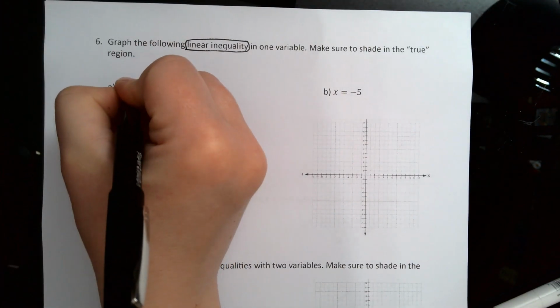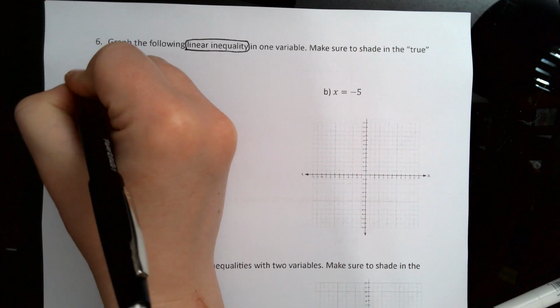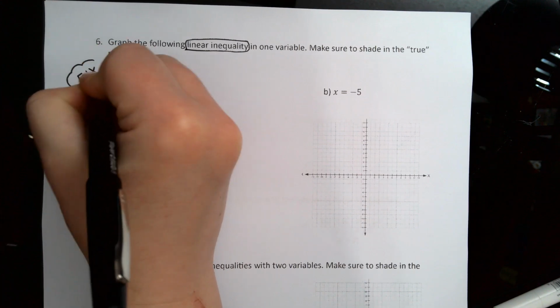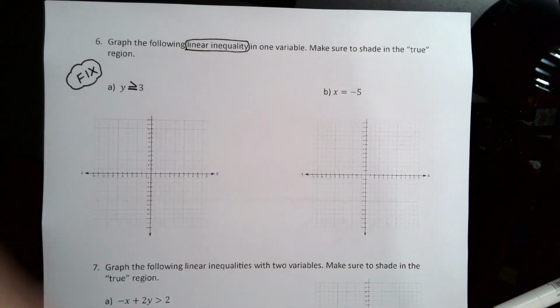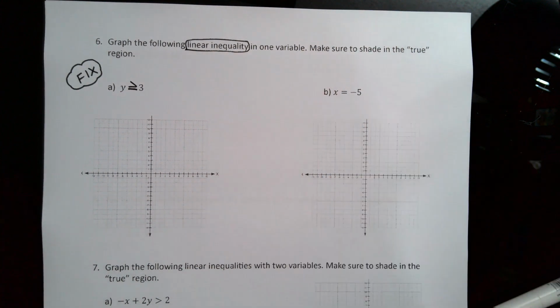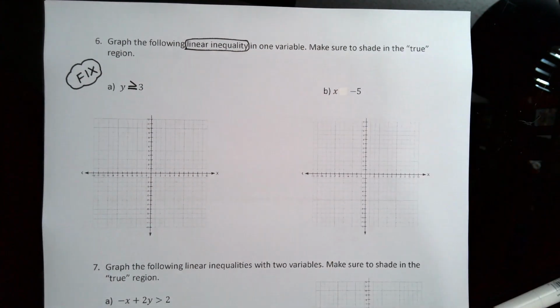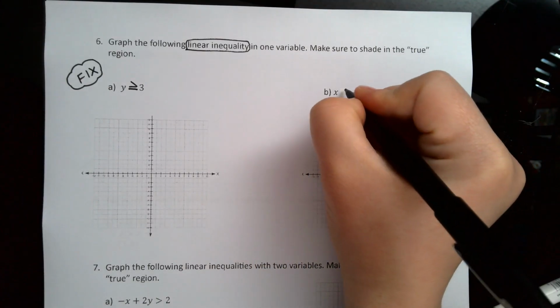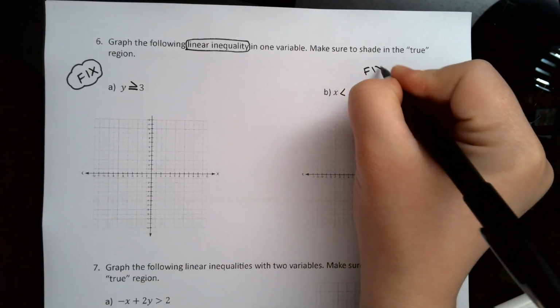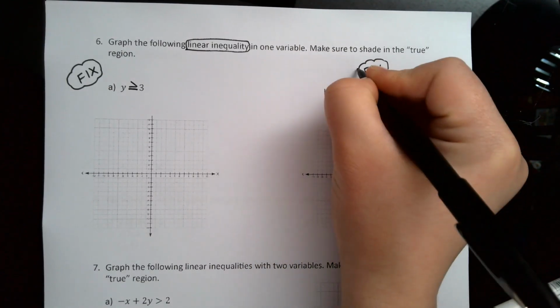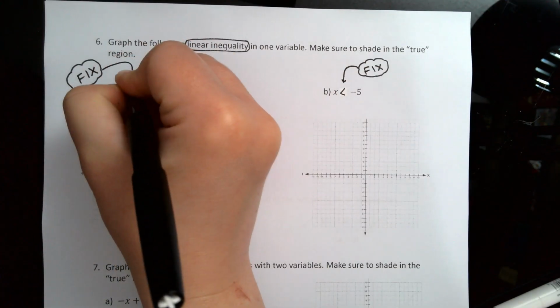For this one, we're going to fix it as a greater than or equal to symbol. And this one, let's just go ahead and erase the equals. We're going to change that into a less than. So we have two fixes here, two typos. We're going to fix that symbol and we're going to fix that symbol.